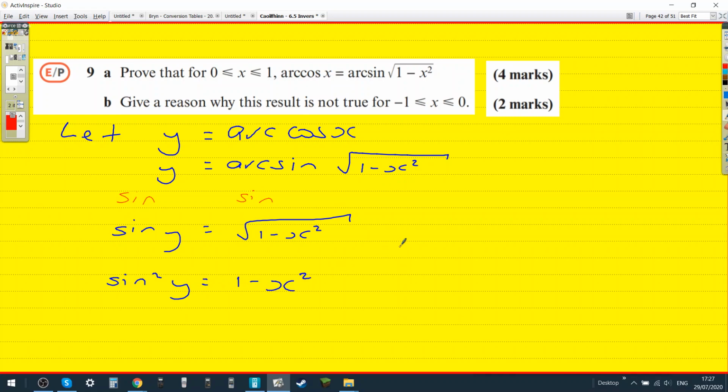And then make x squared the subject. So x squared equals 1 minus sine squared y. Okay.